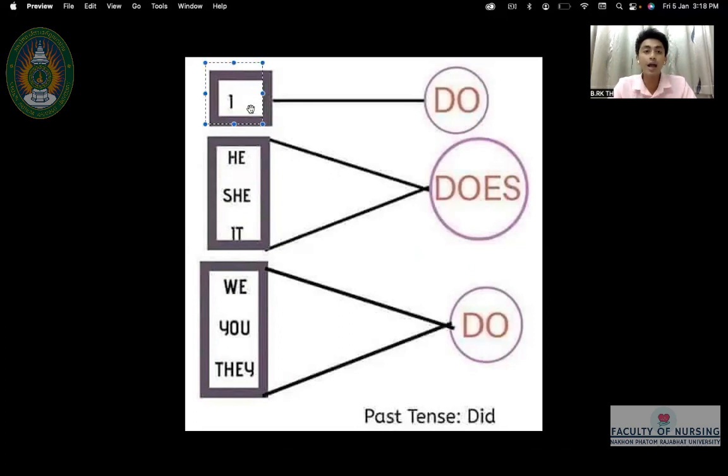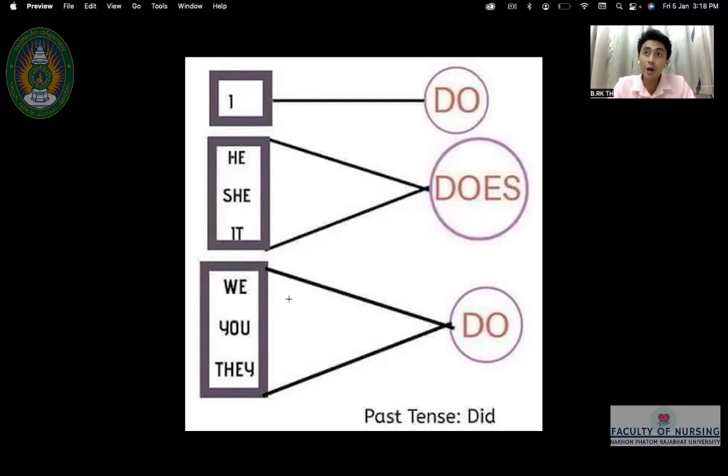You can answer, I do. Or you can say, he, she, it does. Again, he, she, it is a singular subject, so this will take a singular verb. And for the word do to be a singular verb, you need to put es. He does, she does, it does.